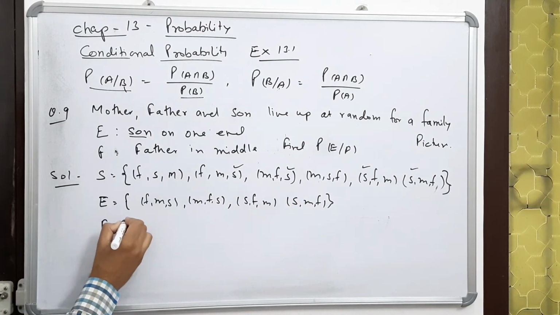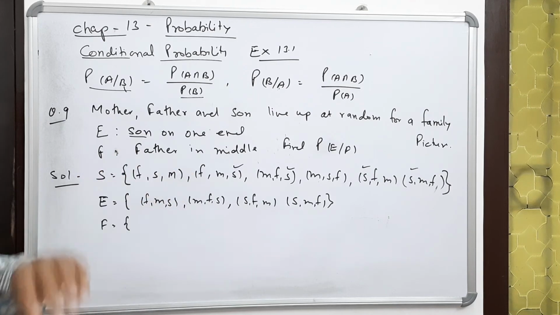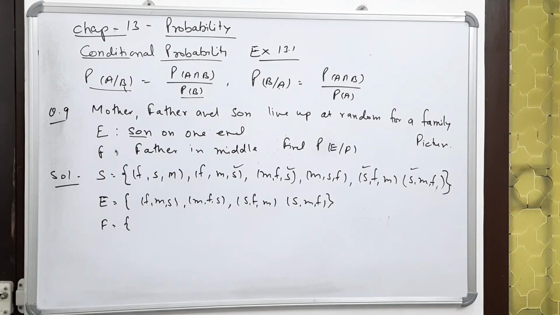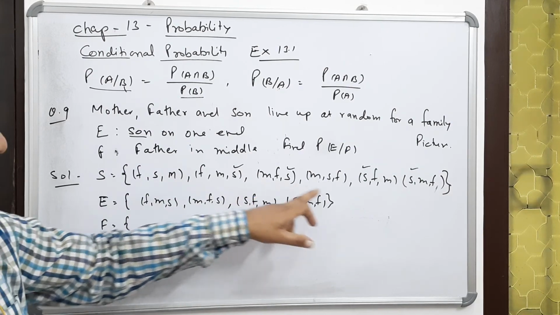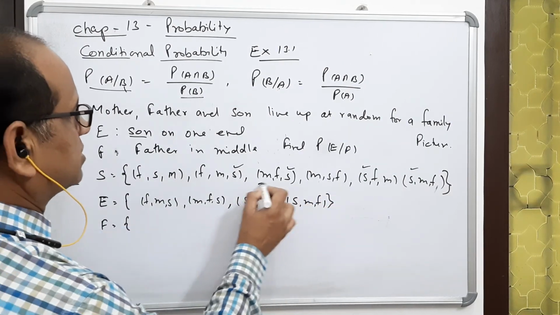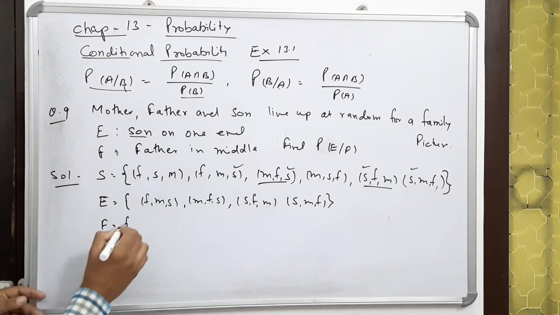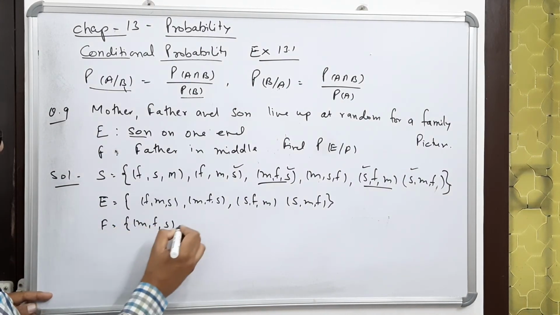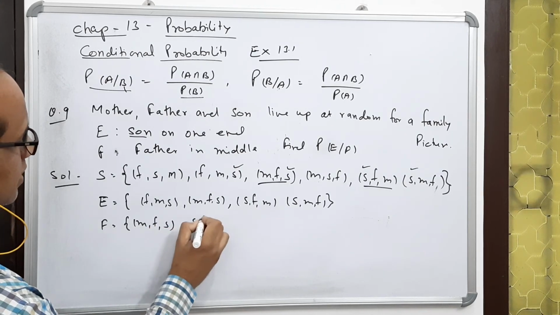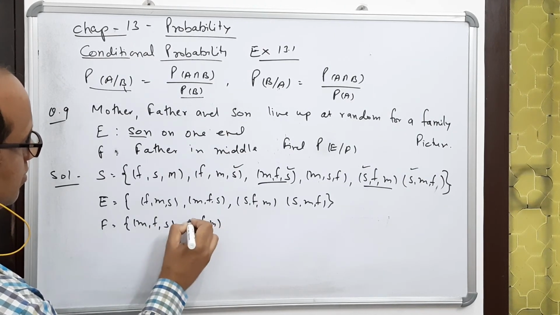Now F. F is father in the middle. Now you see, father in the middle is here 1 and here it is 2. So this is the first and this is the second. So father in the middle is this one, or son, father and mother.